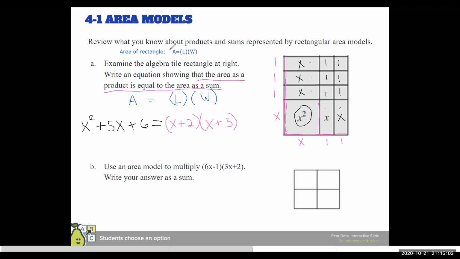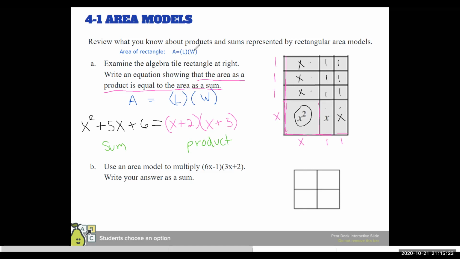So just to recap, this part right here is the area as a sum, and this part right here is the area as a product. And they are equivalent because it's all coming from that area model, or that area equation, excuse me.